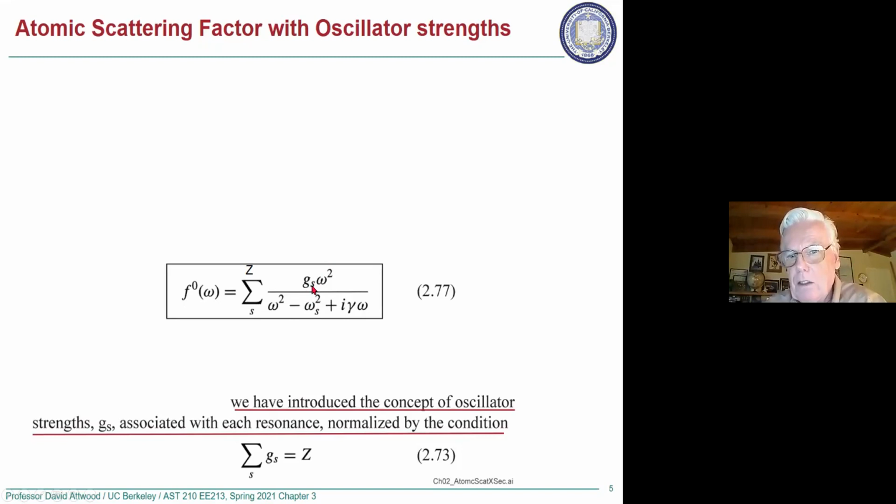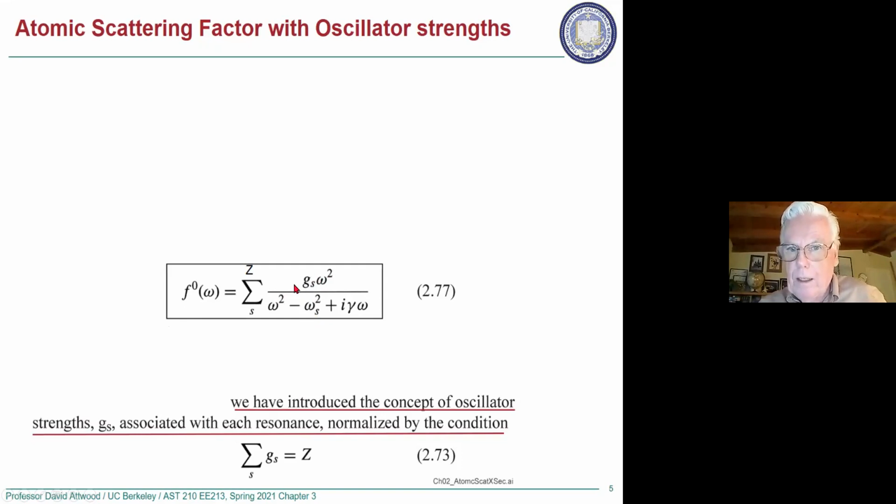And then the g sub S could be just accounting for those 2 electrons classically. And then maybe for electrons in the N equals 2 shell or subshells, you might have more electrons there, right? 8 electrons or something.